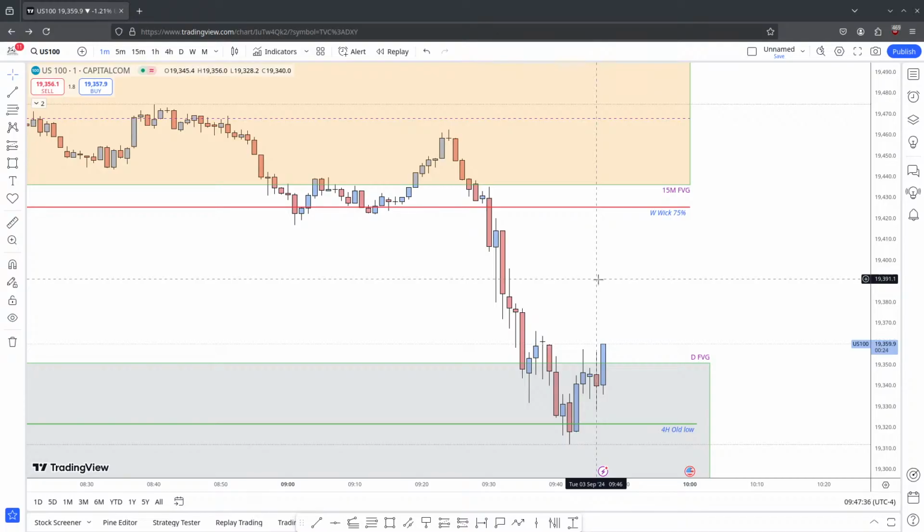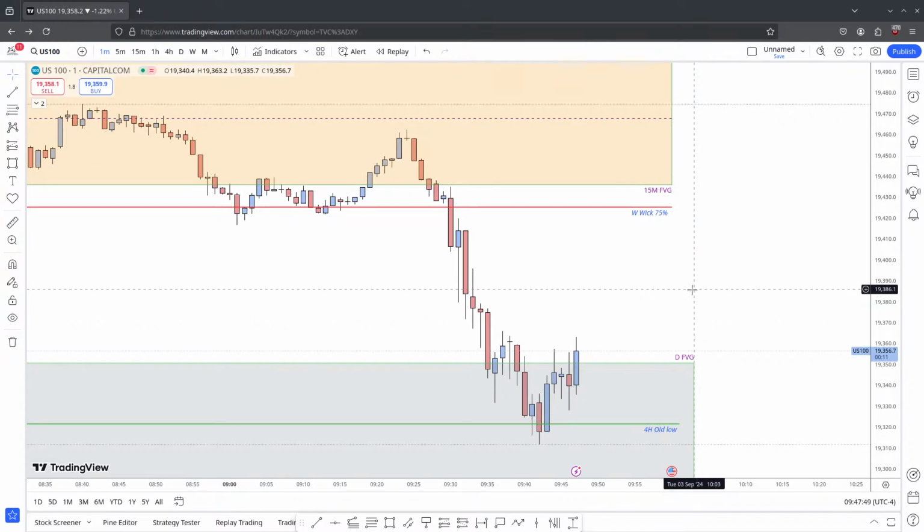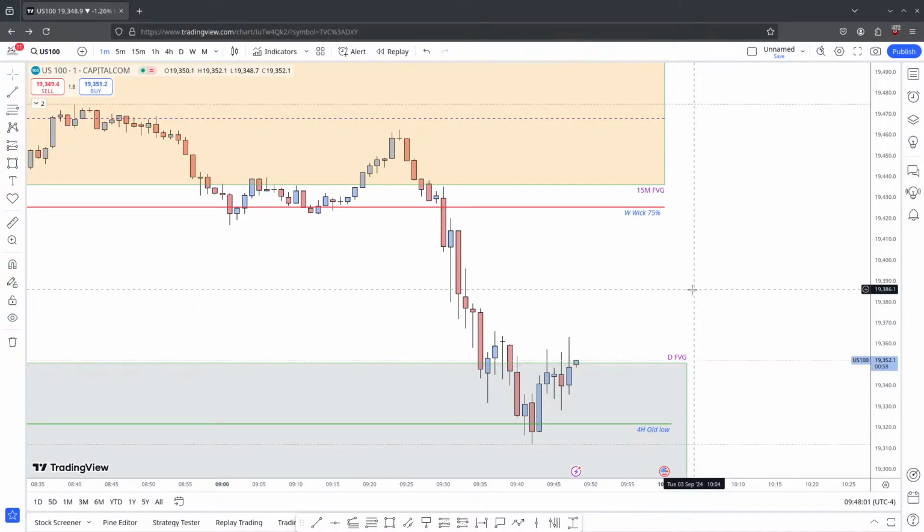So I'm expecting this tomfoolery, expecting them to throw the money around, take the stops. Gonna have to be patient, have to wait for it. Not a high probability day to be looking for a trade. It's not the best day to be looking for a trade. Day after bank holiday.